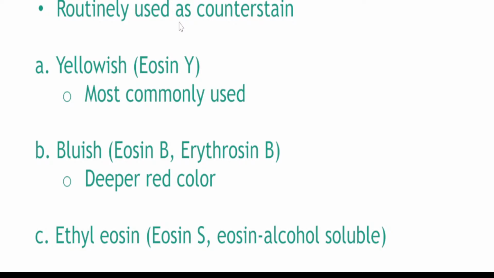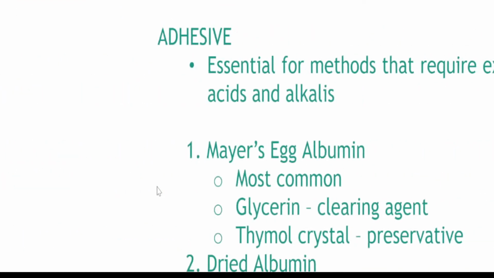Eosin B, or bluish eosin, is a deep red color that is used in hematology. Ethyl eosin, or eosin S, is alcohol soluble, and if I'm not mistaken, that's the one they use for parasitology studies.